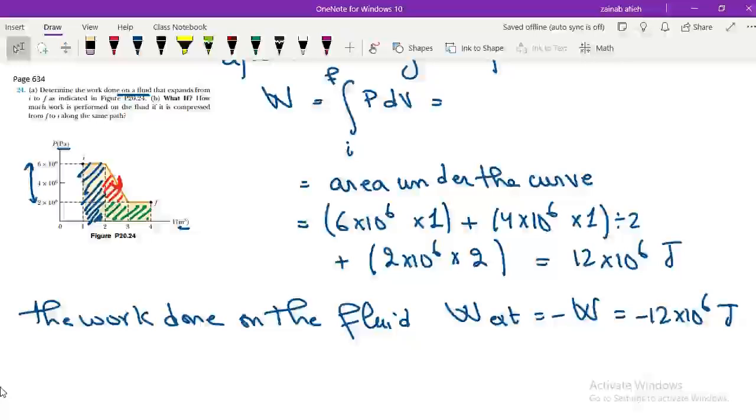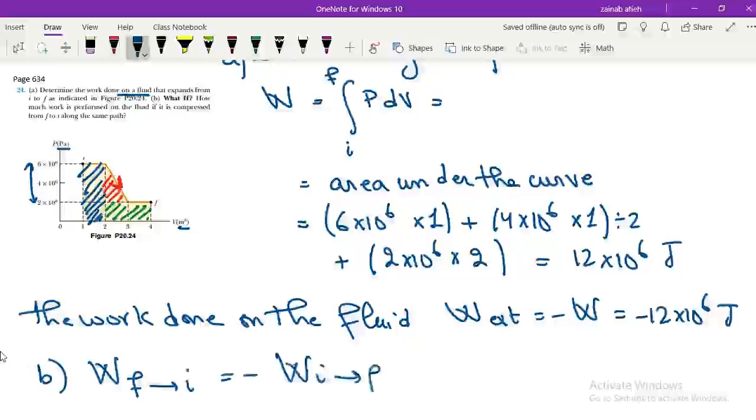So simply, part B, the work from F to I is equal to minus the work from I to F. And the external work from F to I is equal to minus the external work from I to F. Okay?